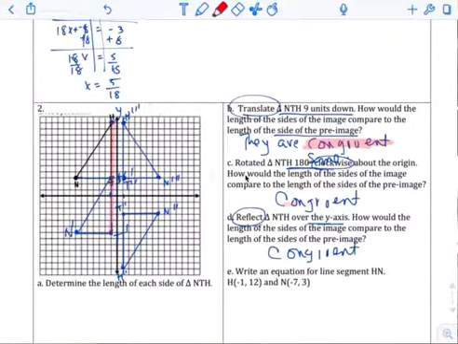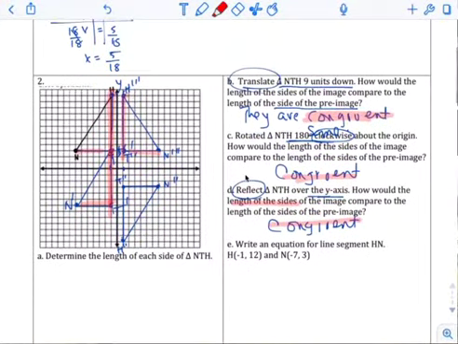It keeps it congruent, keeps the length. If the side's still the same, we count 9, 9, 9. They're all congruent. 9, 9, 9, 6, 6, 6. They're all congruent.